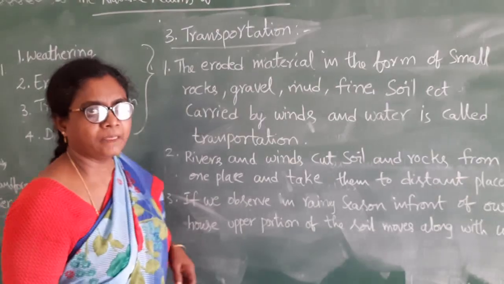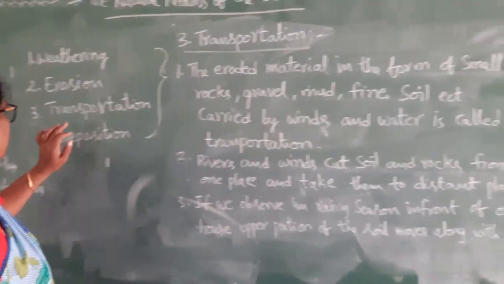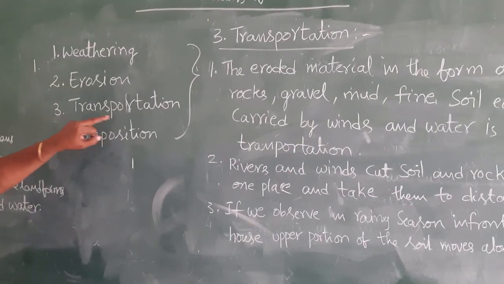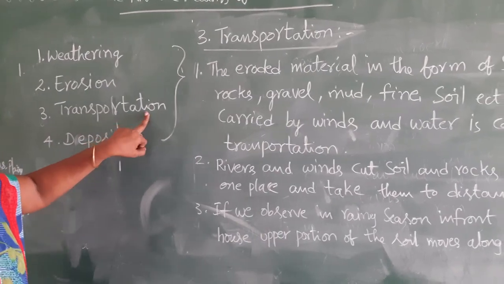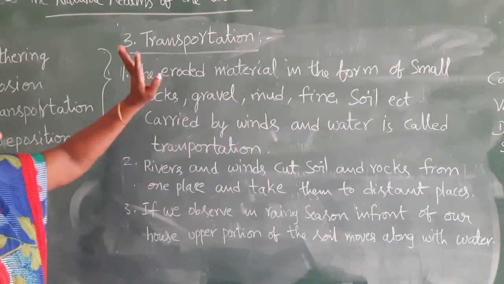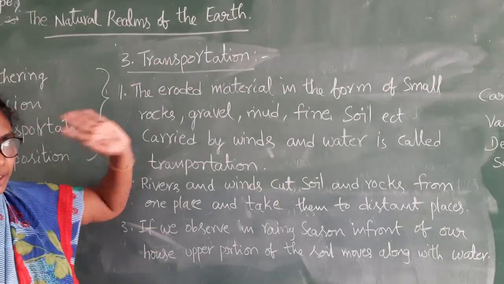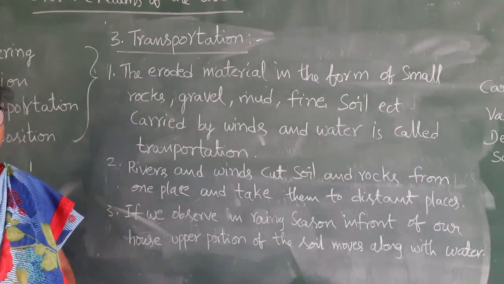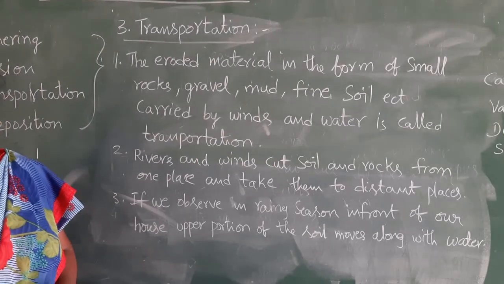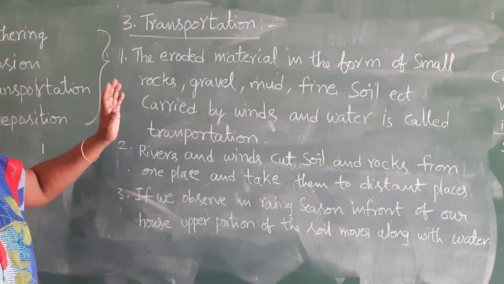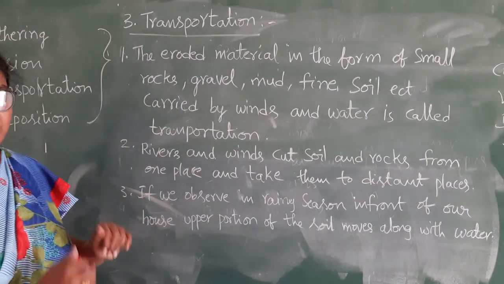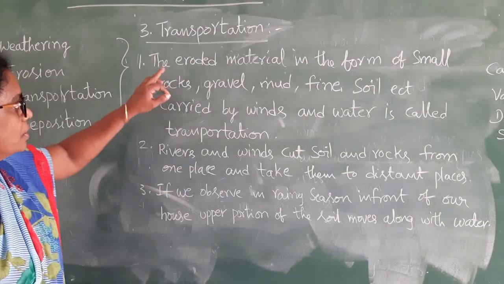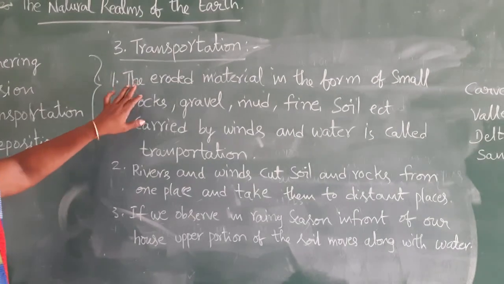Next, the third point, transportation. In weathering and erosion, we observed that rocks become brittle and particles come down along with water. This material or particles move along with water. This process we call transportation.